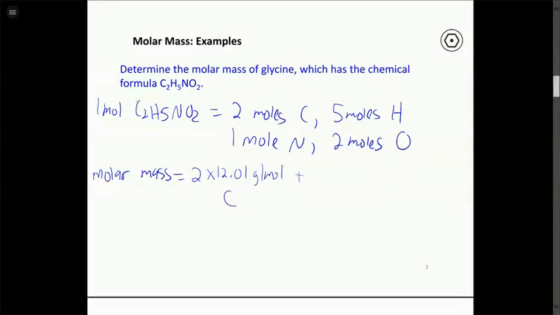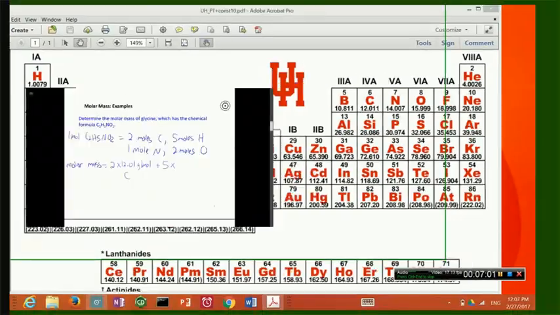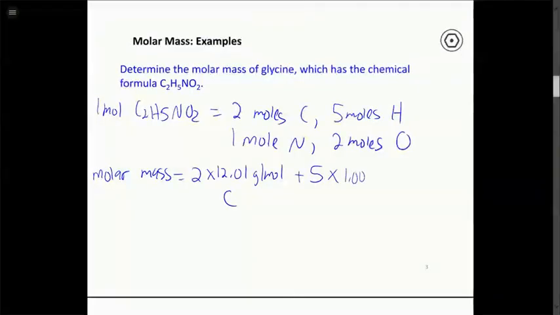We have to then take the contribution from hydrogen, so there are 5 moles of hydrogen. And the atomic mass of an individual hydrogen atom, again, comes from the periodic table. And that's the first one, 1.008. So that's what we get from hydrogen. 1 mole of nitrogen, so we just have to use its atomic mass once.